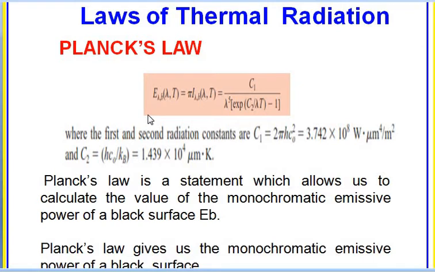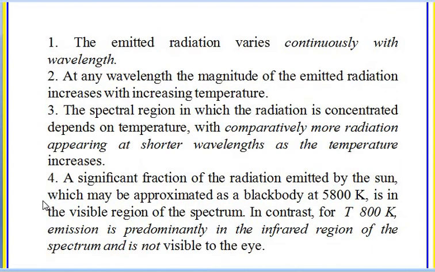Here in this formula, E is the emissive power of a black body at a particular wavelength and temperature, I is the intensity of radiation, and lambda is the wavelength. The outcome of Planck's law is like this: the emitted radiation varies continuously with the wavelength.